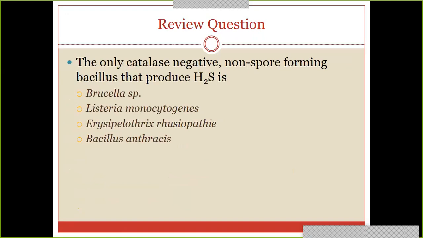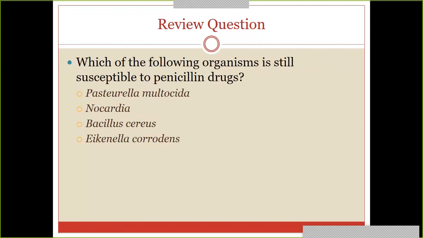The only catalase negative non-spore-forming bacillus that produces H2S is Erysipelothrix rhusiopathiae. So you could add in, it's a gram-positive bacillus. Which of the following organisms is still susceptible to penicillin? It's Pasteurella multocida.